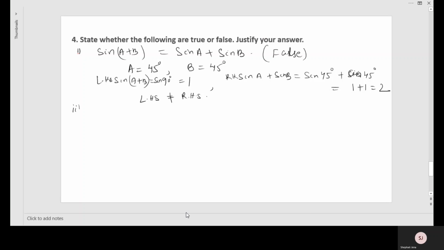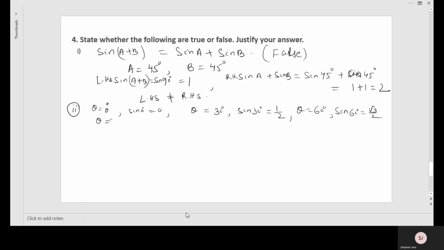Like that, your second question. The value of sin theta increases as theta increases. Yes. Because if theta is 0 degree, then sin 0 is 0. If theta is 30, sin 30 is how much? 1 by 2. If theta is 60, sin 60 is root 3 by 2.